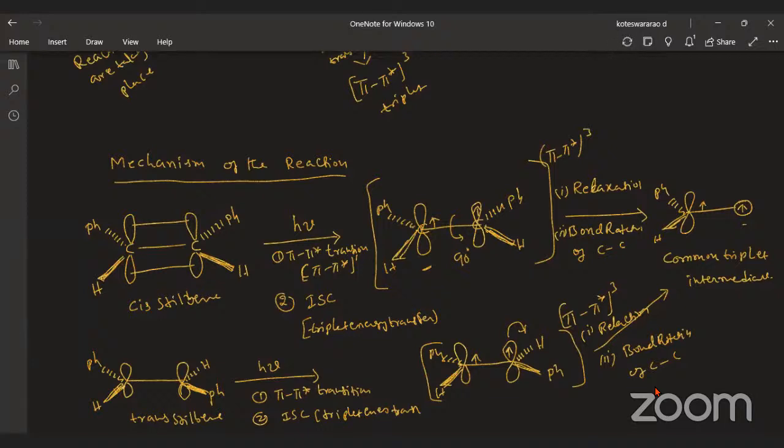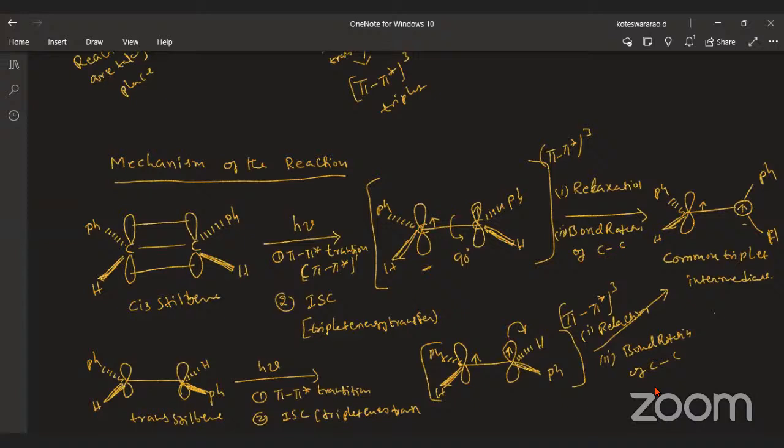Now, both of them give the same transition state. Right. Now, this same transition state either undergoes complete rotation, leading to the cis isomer from the trans isomer, or the trans isomer from the cis.